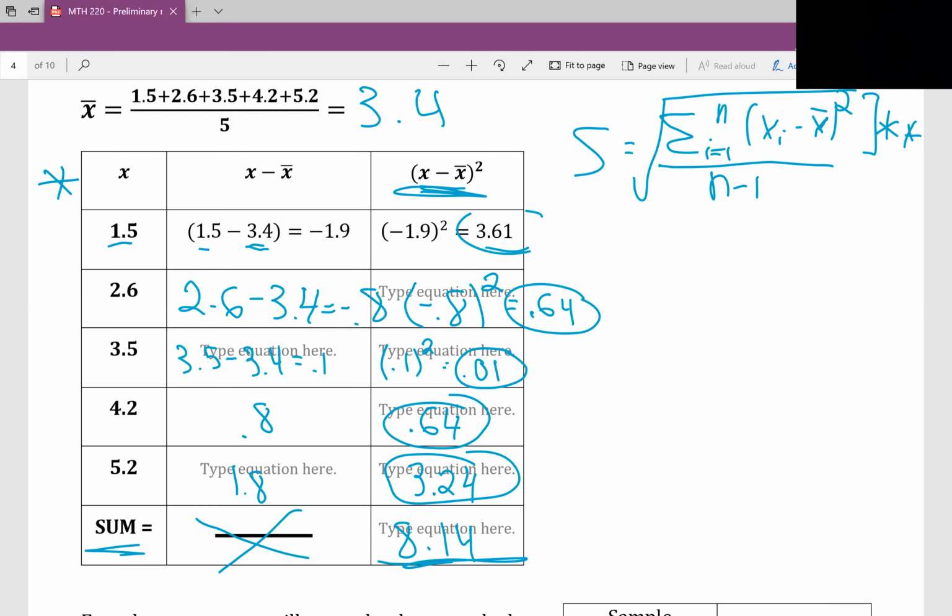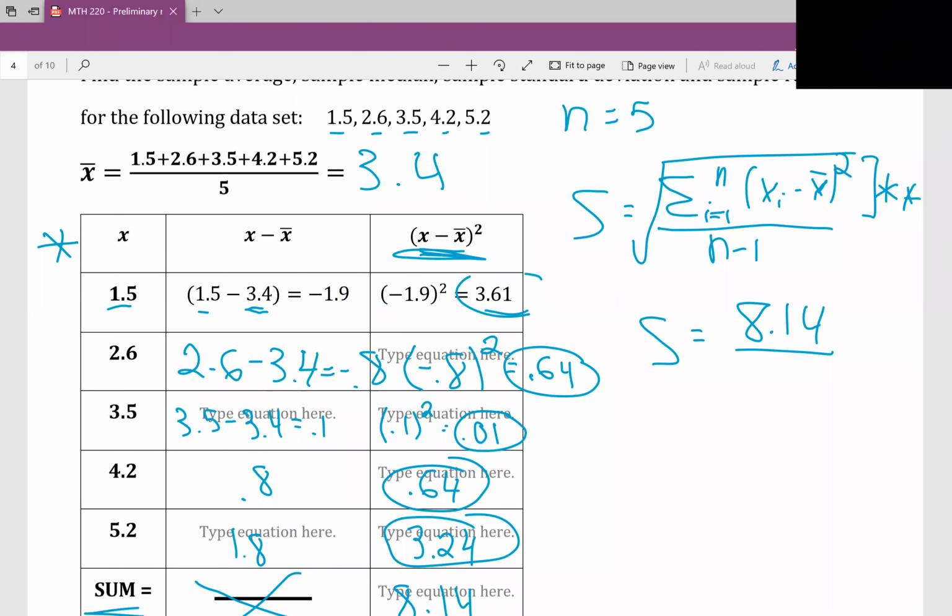So now I'm going to come back over here to S, and 8.14, that's what we solved for in the numerator. Okay, n minus 1, well, we know that our n is 5, so n minus 1 is going to be 4. So S is equal to the square root of 8.14 divided by 4. We do that in our calculator.